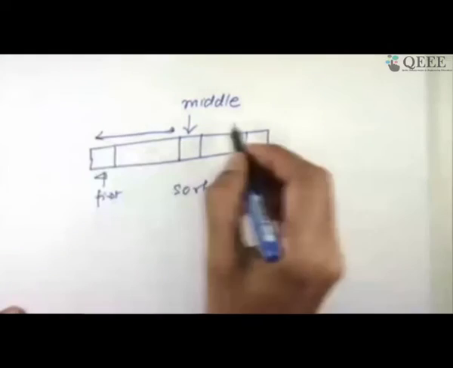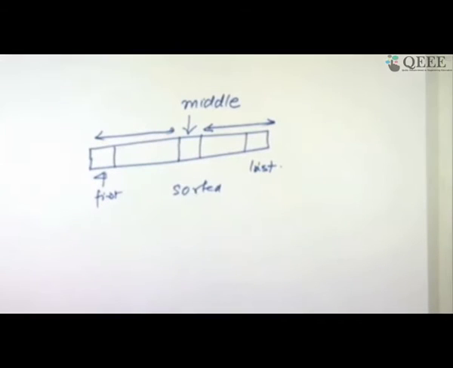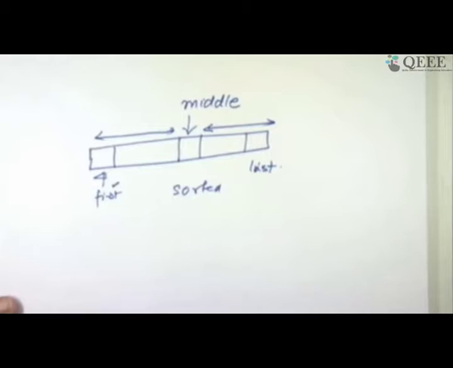Since it is sorted, it cannot be in both halves. So by looking at the middle, I decide which direction I should organize my search. So it requires three things. I must be able to access the first element, the last element, and the middle element.